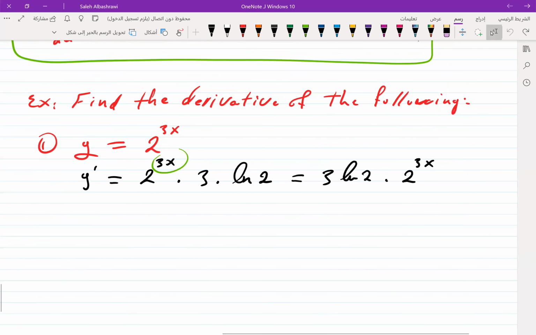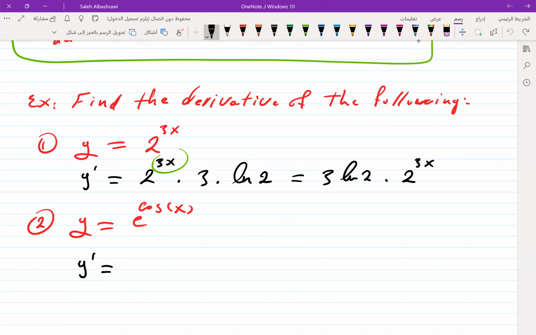Another one, number 2, y equal to e to the power sine x. So the derivative is y prime equal to the function as it is, e to the power sine x, multiplied by the derivative of the power.